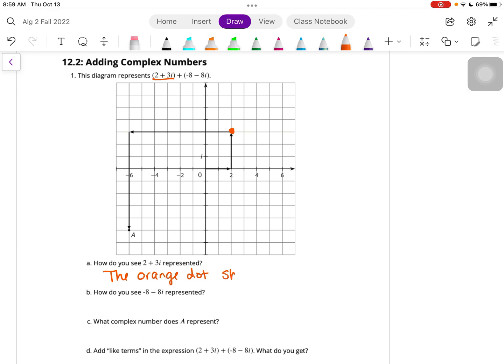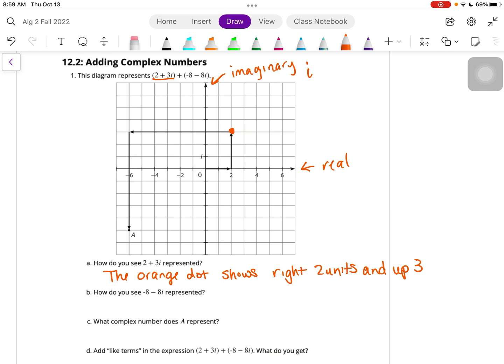And that shows that we went right 2 units and up 3, right? Because again, this is our imaginary number line. So that's where our i is going to be. And then this horizontal is our real number line.